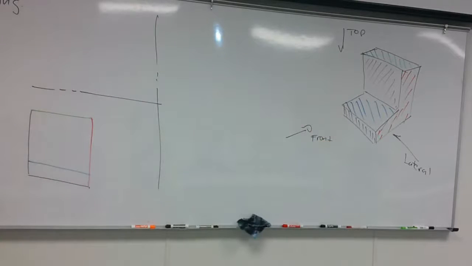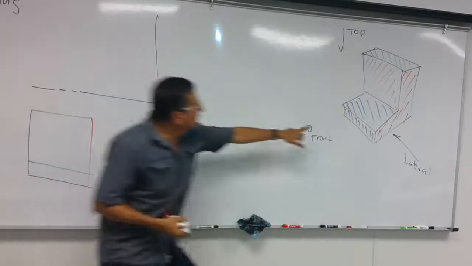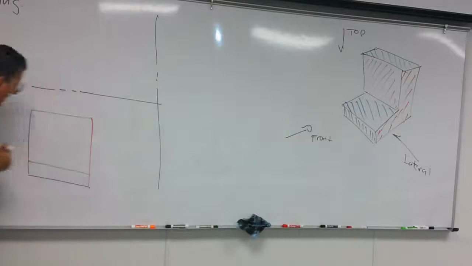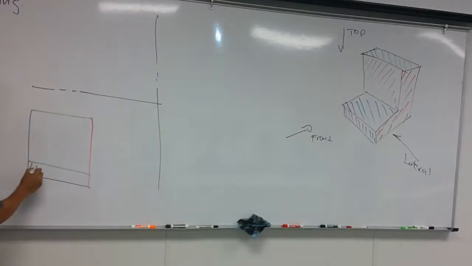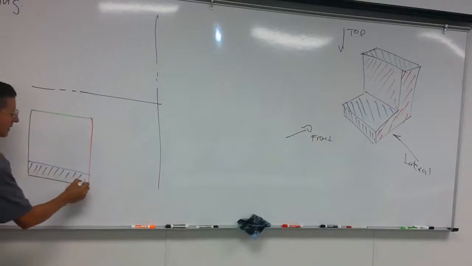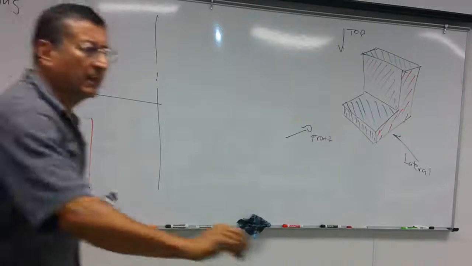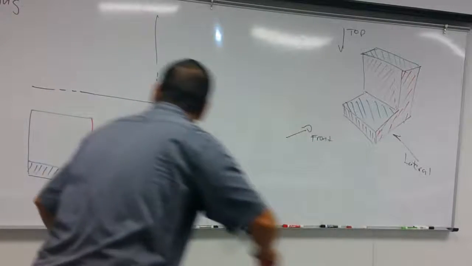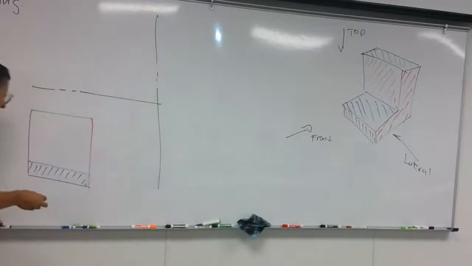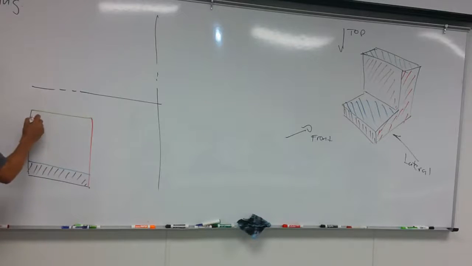Where is the purple located? That one, this one, this one. It's here, no? Yeah. It's here. And what about the pink? Where? The pink is this, no? That one. Yes or not? Yes. Okay, this is the front view.